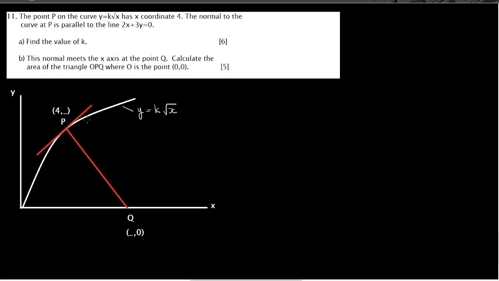The point P has an x coordinate 4, and that's the normal to the curve at point P, and it's parallel to 2x plus 3y equals 0. Let's find the value of k for 6 marks. Big question, this, for 6 marks.